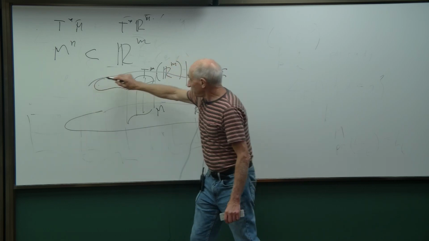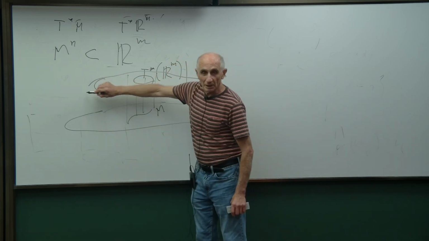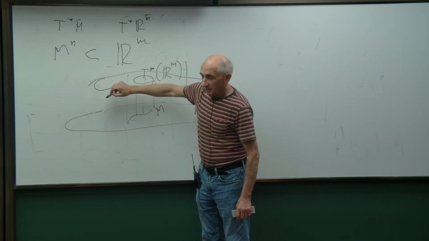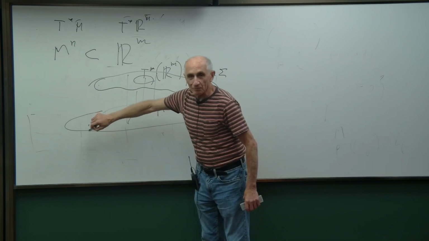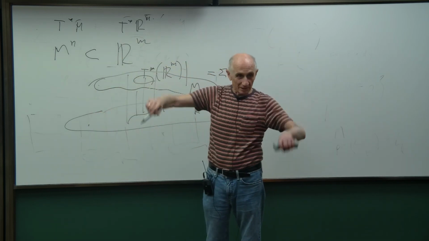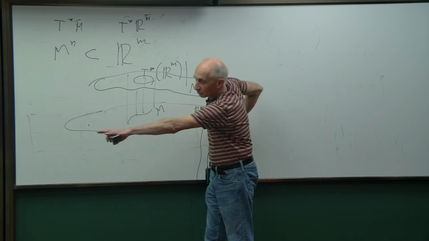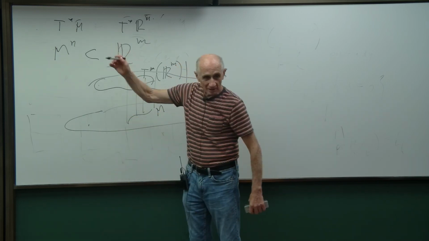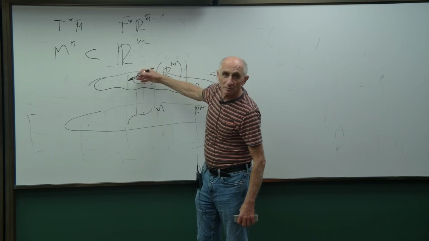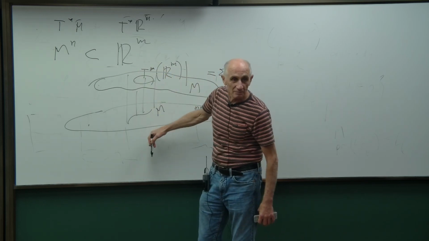And if this was given by a generating function on Rm cross Rn, then the new one will be given by the restriction of this function to M cross Rn.